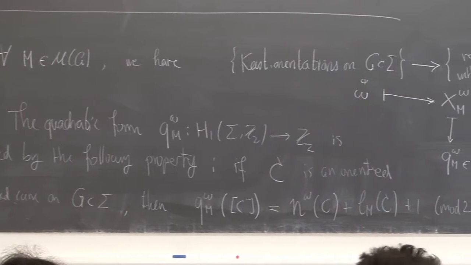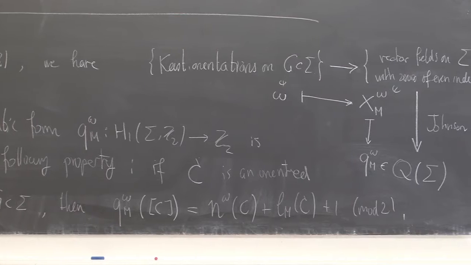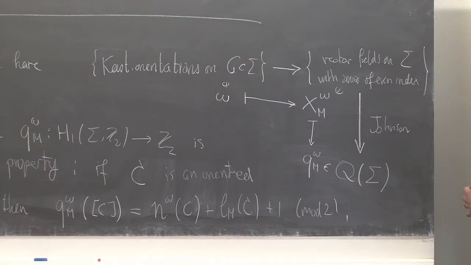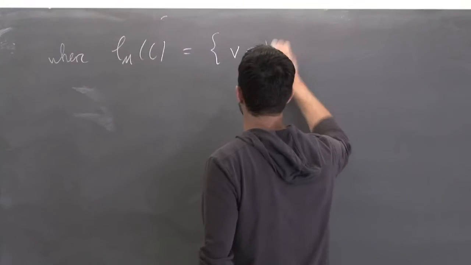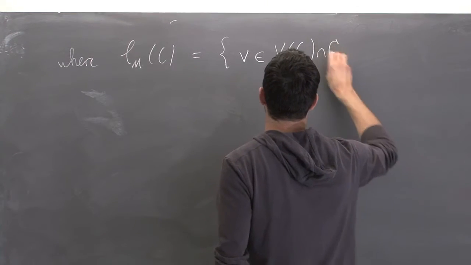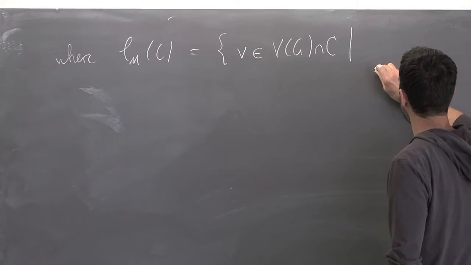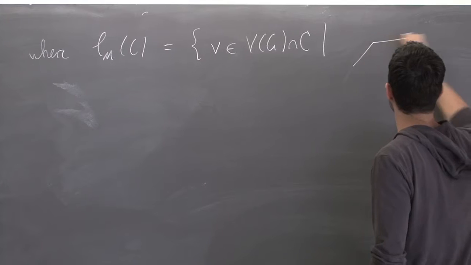So I need to tell you what this Lm of C is. So it's the number of vertices on the curve where, so I'm just going to be a little bit sketchy here. It's a precise definition. I'm just not writing it in full English words.